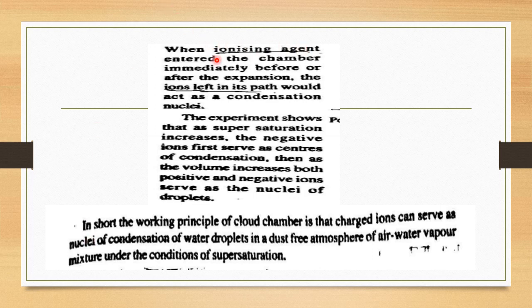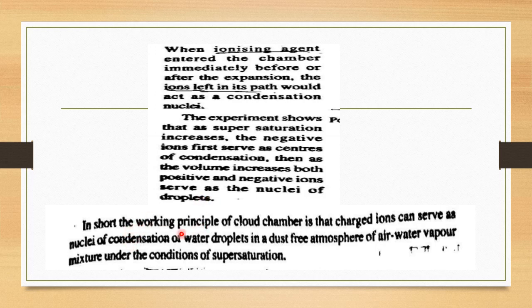When an ionizing agent enters the chamber, immediately before or after the expansion of the piston, the ions left in its path act as condensation nuclei. The experiment shows that as supersaturation increases, the negative ions first serve as centers of condensation, then as the volume increases, both positive and negative ions serve as the nuclei of droplets.